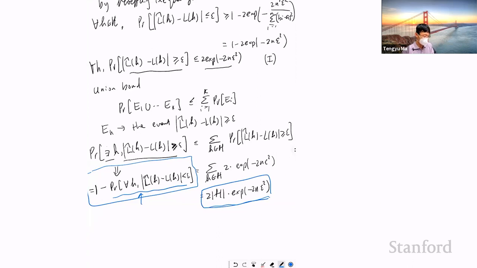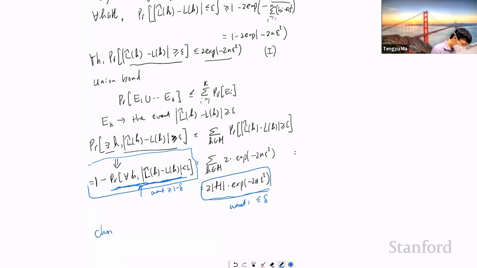You want this probability to be bigger than 1 minus delta, so you want this to be less than delta. We just need to choose epsilon so that this probability becomes delta.